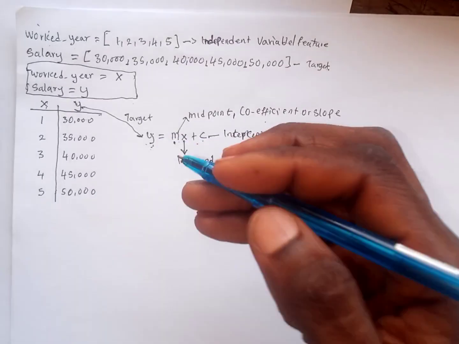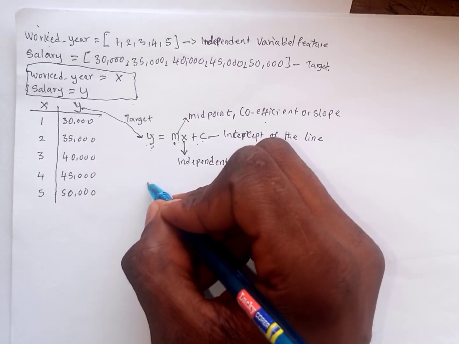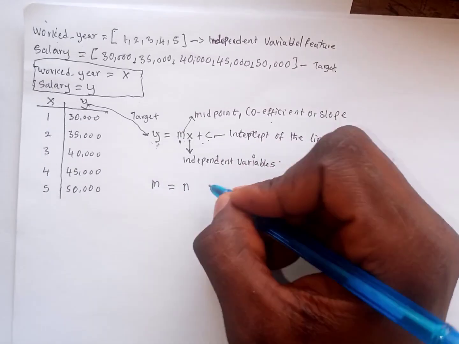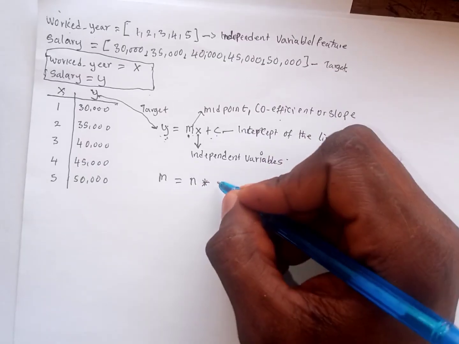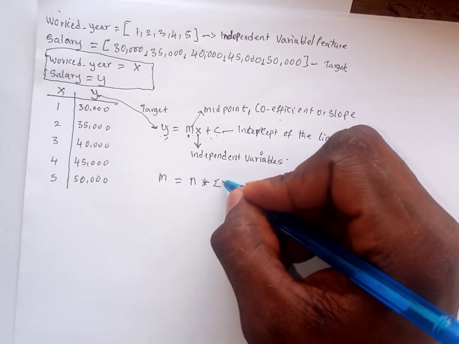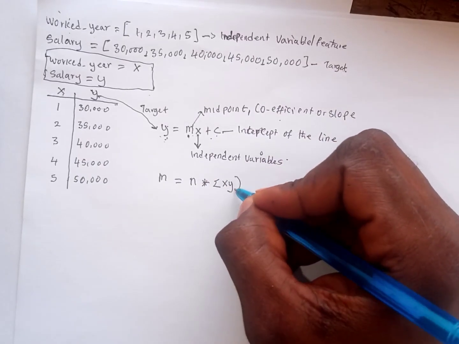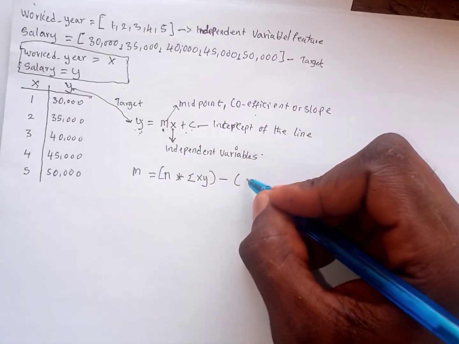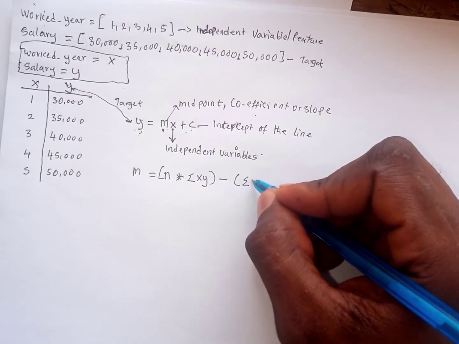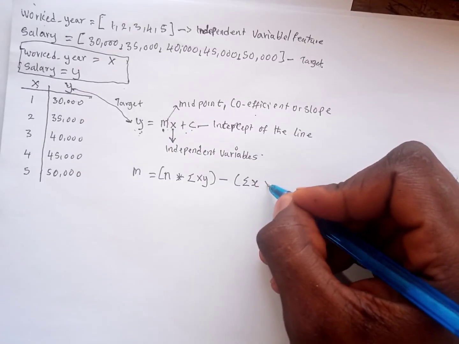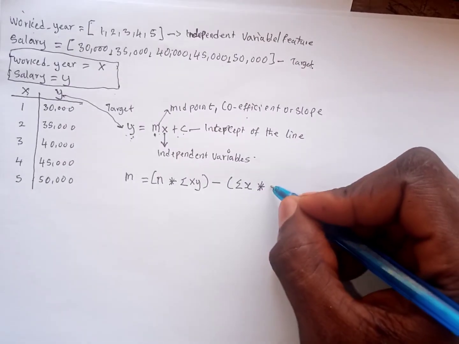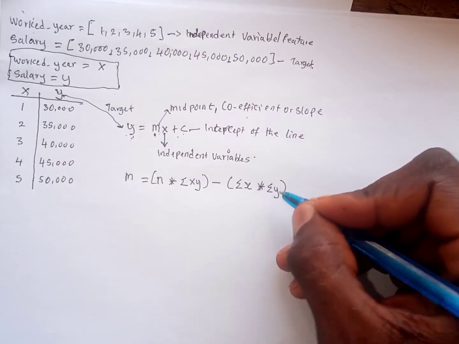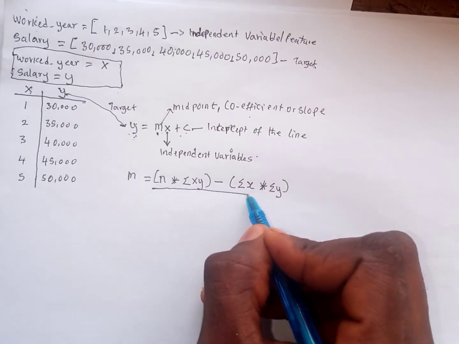And to find m is basically simple. To find m is basically n times the summation of xy in bracket, we are going to minus the summation of x times the summation of y, and then we're all going to divide it by, what?